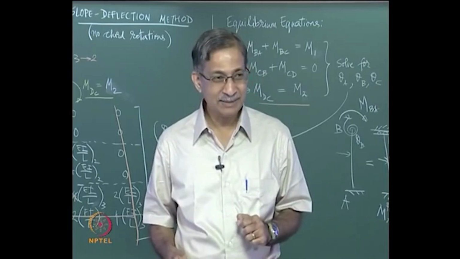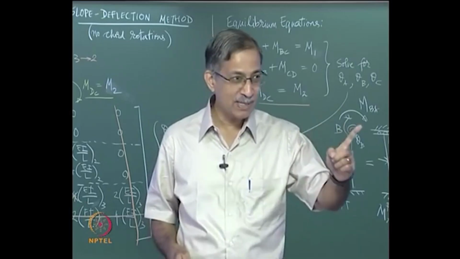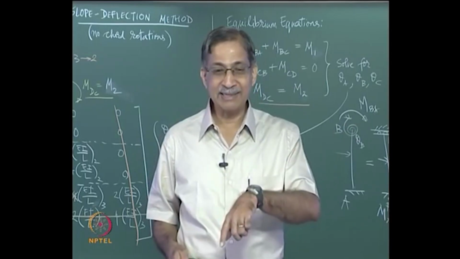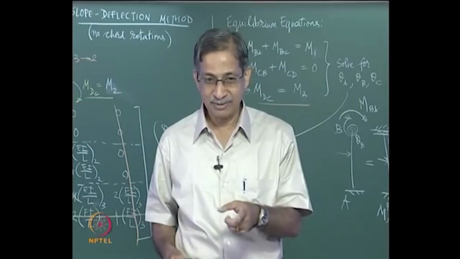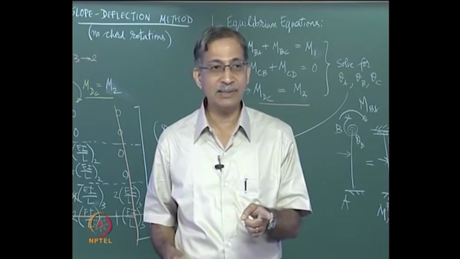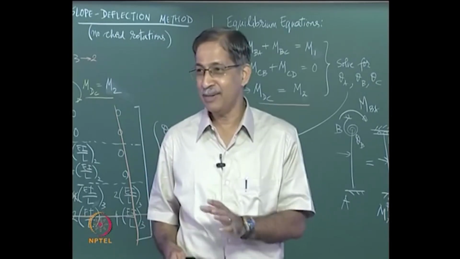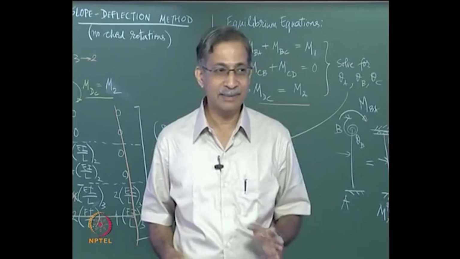Does it make sense? So you write WL by 12 into 1.5 plus that moment that you get at the free end D, half of it in the same direction, so plus half. You got it? Any questions on this? Everything depends on, your shortcuts depend on your ability to think through everything. Is it clear?